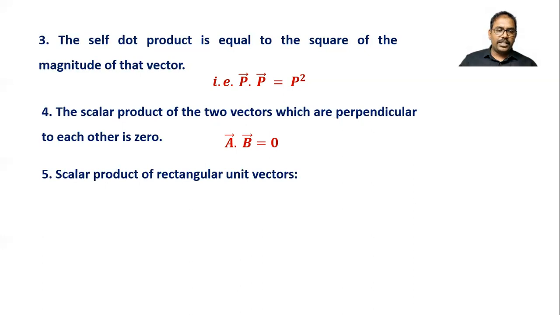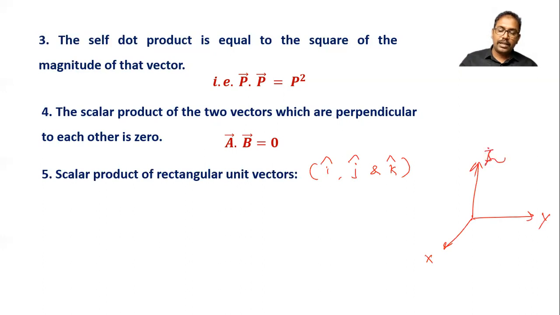Now the fifth characteristic: scalar product of rectangular unit vectors. Rectangular unit vectors means i cap, j cap and k cap. If I consider this is the x-axis, this is the y-axis, this is the z-axis, then i cap is along the x-axis, j cap is along the y-axis, and k cap is along the z-axis. Then their scalar products: we have i cap dot i cap.